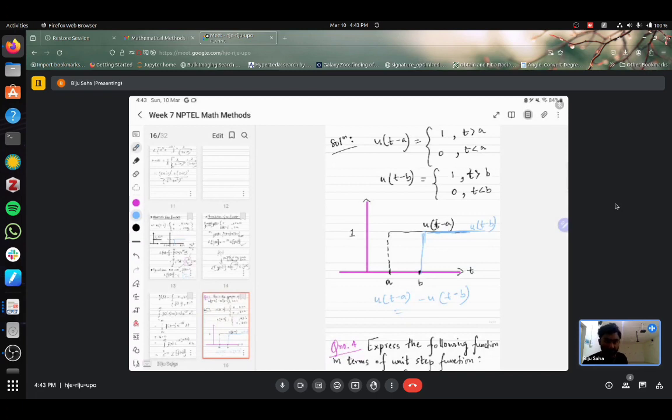Just tell me within which range it will be non-zero. Yeah, you're correct. Between a and b it will be non-zero, and in all other places it will be 0.